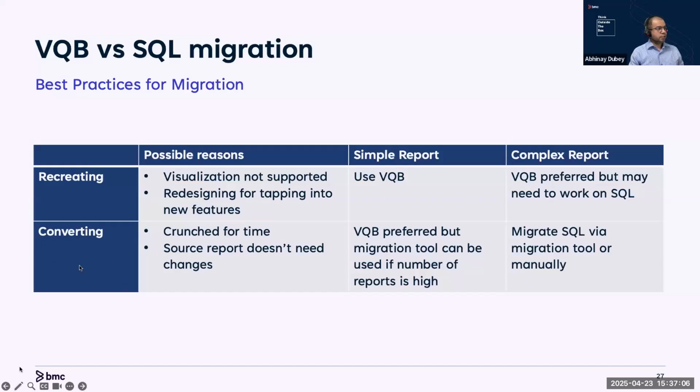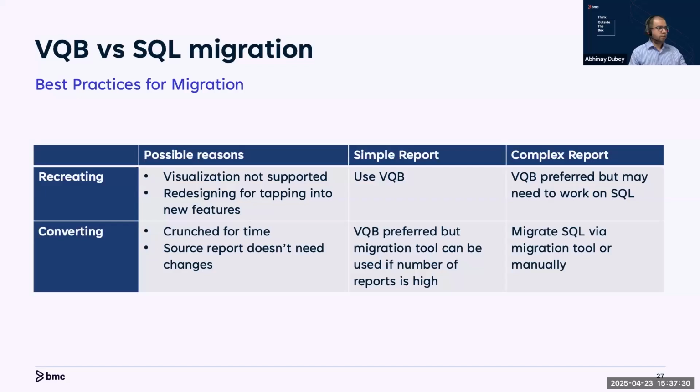Now, the other path is converting as is. Common reasons for doing so are a crunch for time. You have a lot of reports and you are hard pressed against a tight deadline, so you may want to make some of the reports as is, or you think the source report is good as it is.